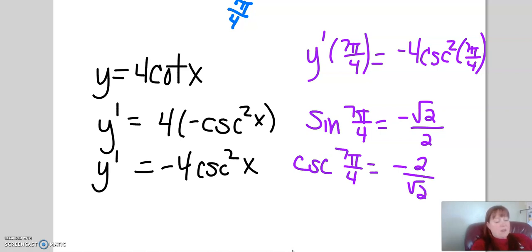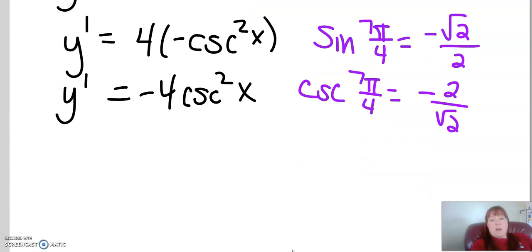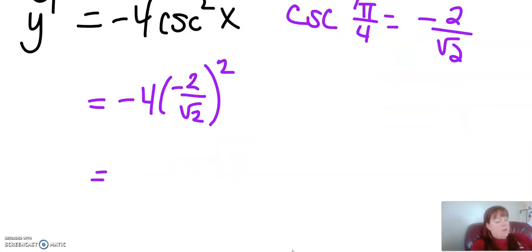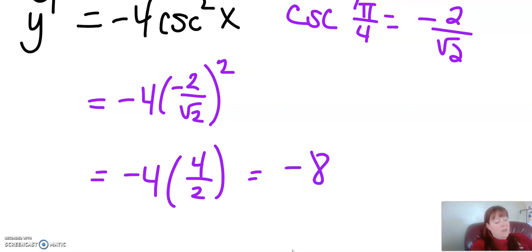Then we plug that into our function: negative 4 times the cosecant of 7 pi over 4 squared. And what's this squared? That is negative 4 times 4 over 2, which gives us negative 8. What did this tell us?